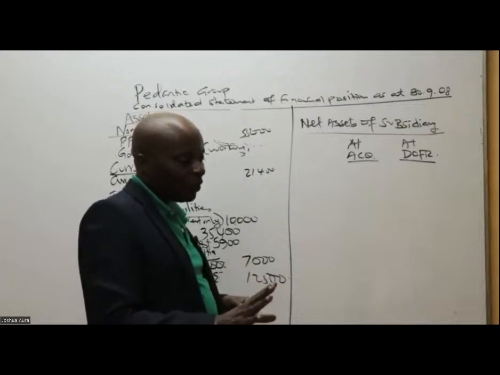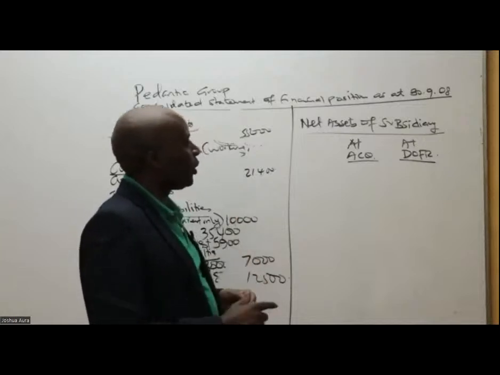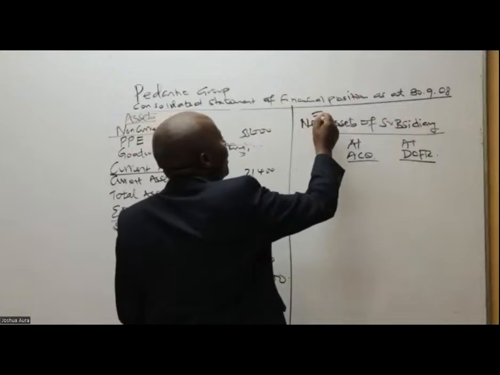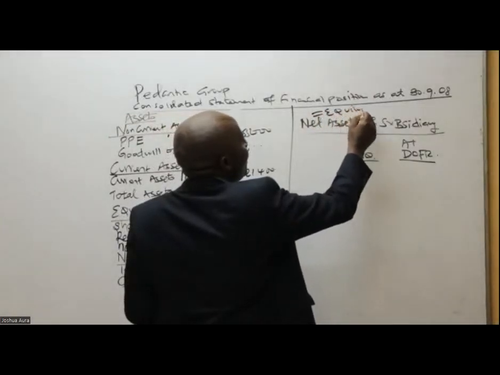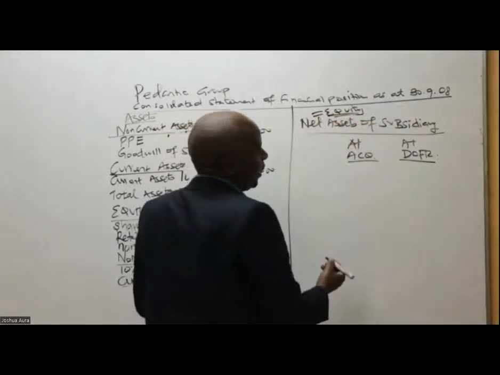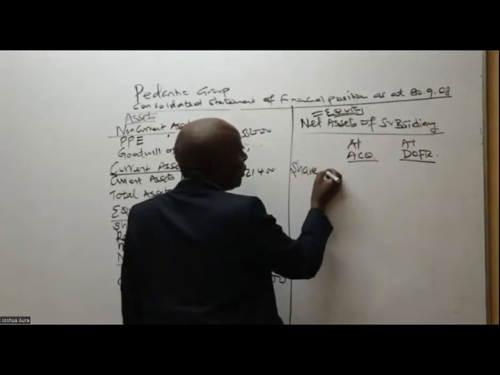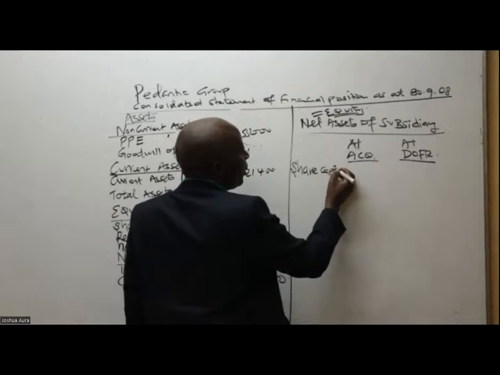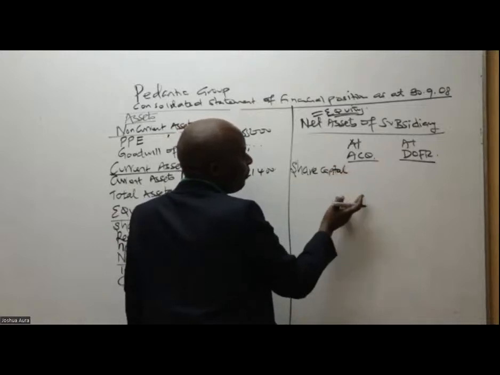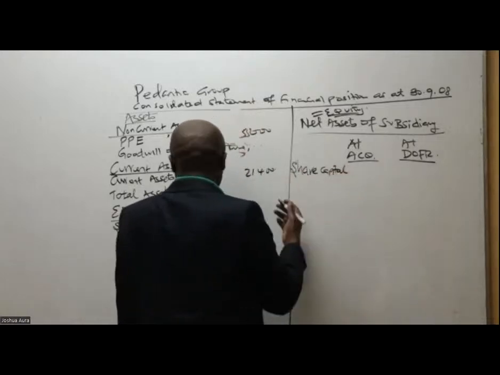Thank you very much. Not fair value, Jackie. It's the same as equity. When you hear net assets, you know it is equal to equity elements. Now, equity elements, you can even name them. We have the share capital. We have the share premium if it is available, it is not available here.